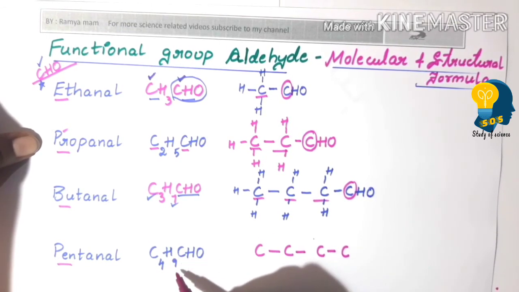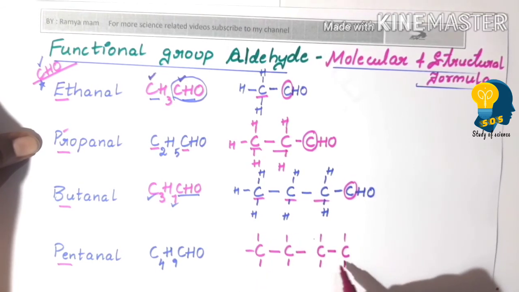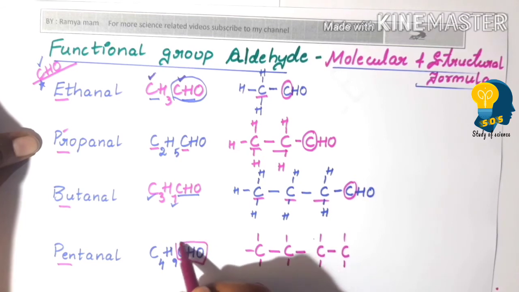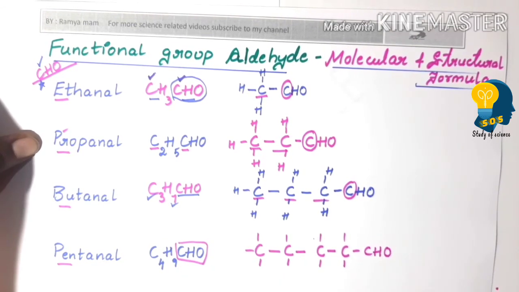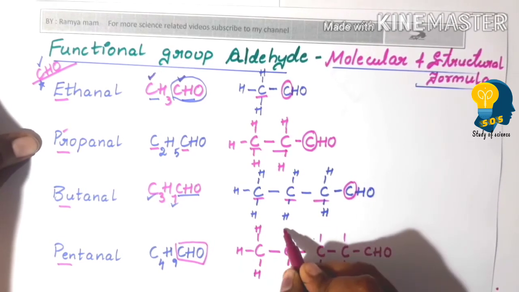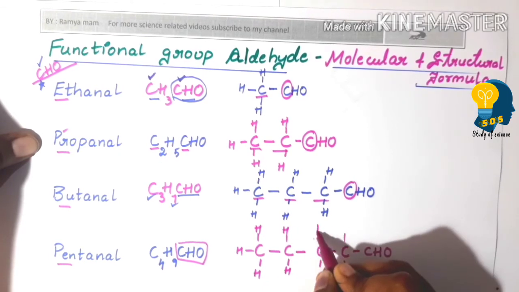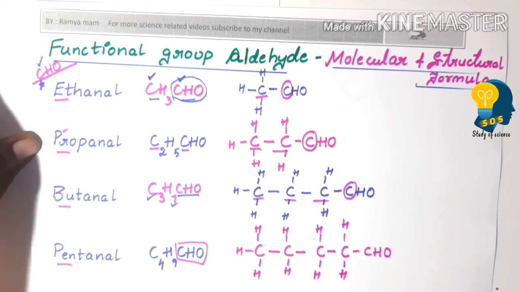How many hydrogens? 9: 1, 2, 3, 4, 5, 6, 7, 8, 9. Now our functional group is aldehyde, that is CHO. The remaining bonds have to be filled up by hydrogen. This is how we write the structural formula for pentanal.